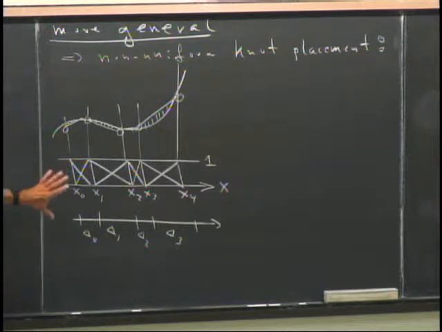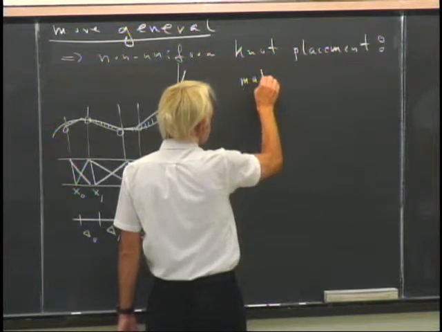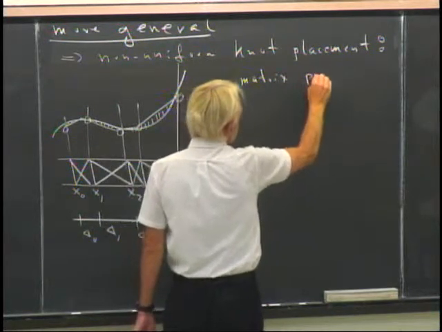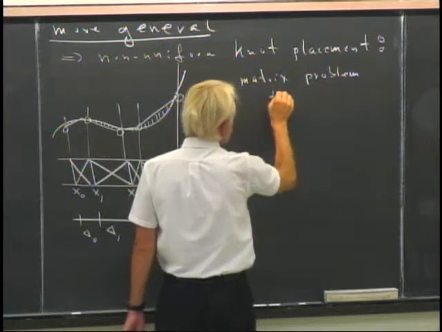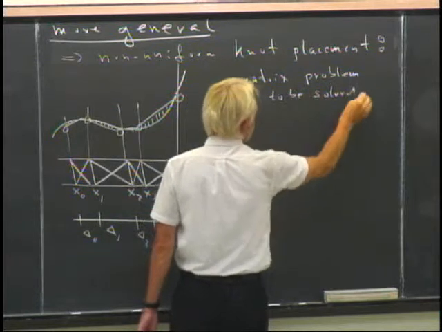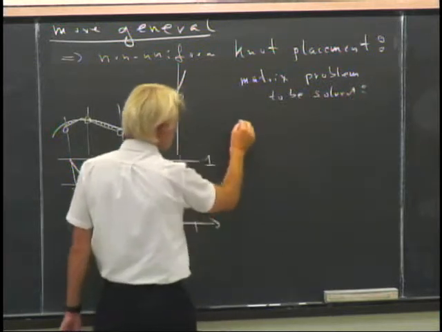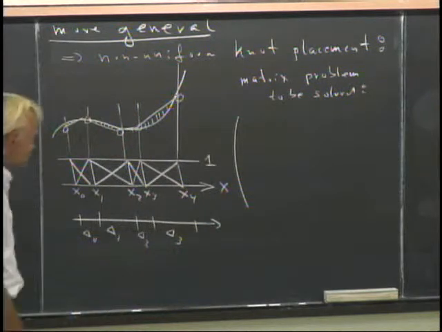The machinery is the same, except that the matrix changes. Okay, for the arbitrary delta, the matrix problem to be solved is slightly different. Well, the deltas go into the matrix.